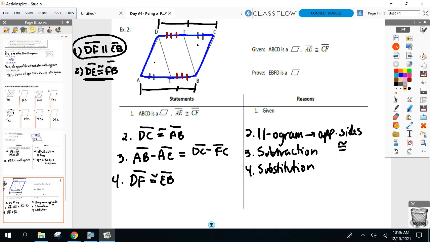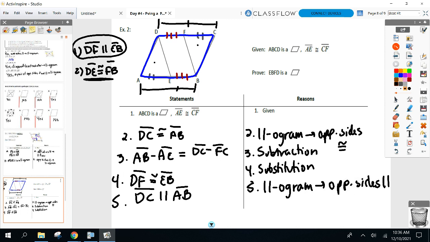Go back to the proof. Other than being congruent, what else do you guys know about side DC and side AB? I know they're congruent. I have that already. They're also parallel, because it's a parallelogram. DC is parallel to AB. Parallelogram implies opposite sides parallel.